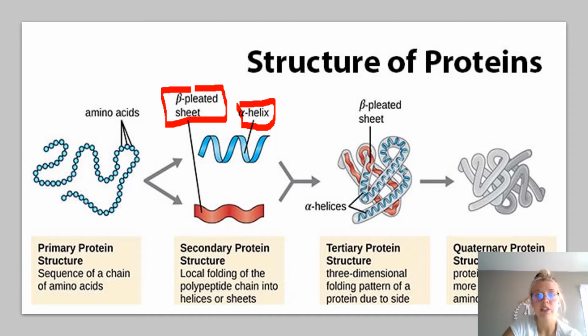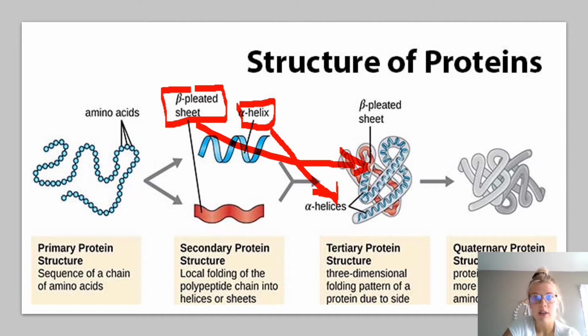Next, we have the tertiary structure, which is the intermolecular forces between the atoms that give it the structure. So the beta-pleated sheet here and then the alpha helix, or helices, fold together to form a three-dimensional folding pattern of a protein.